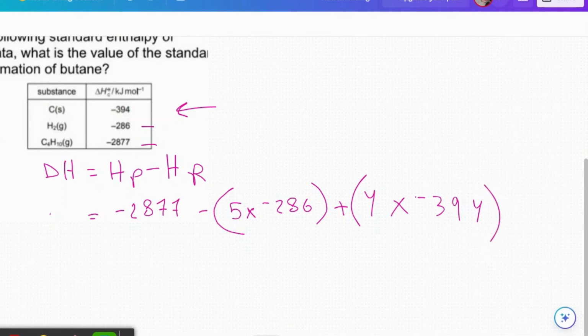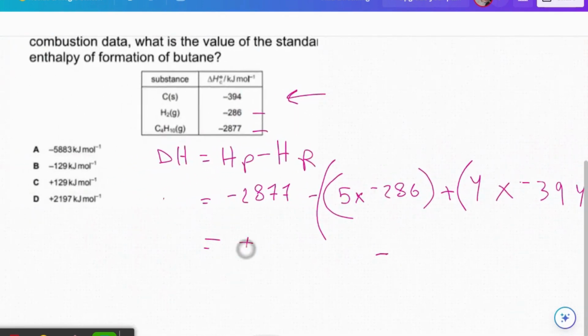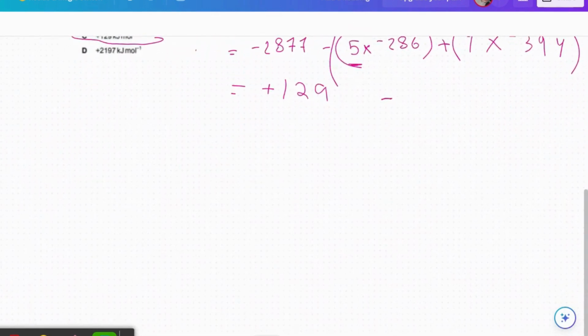Make sure to draw the correct brackets. Using your calculator, the answer will be positive 129 kilojoule per mole. So it is endothermic, and this is the amount. Do not forget to multiply the number of molecules by the enthalpy of formation. This is for the delta H enthalpy.